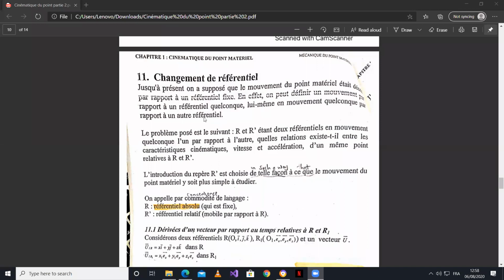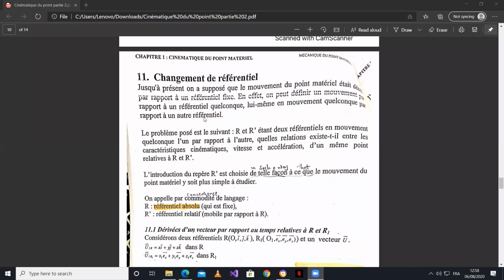It's like you can define the movement of a point par rapport au référentiel R', and you're being told that R' is moving with respect to R. So you have two referentials there, and you need to introduce certain things to take note of that movement between the two referentials.